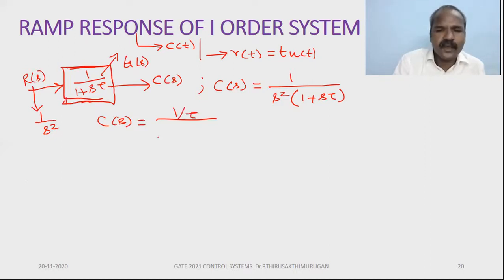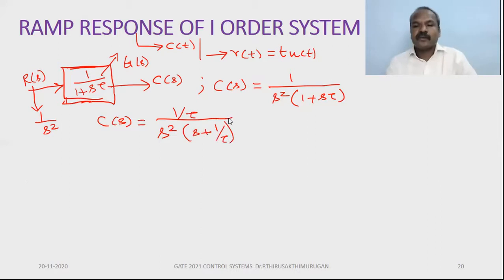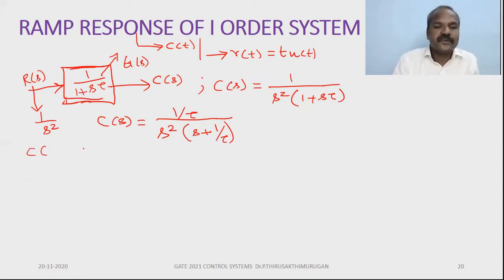So 1 by tau, s square, s plus 1 by tau. Now we want to get C of t. To get C of t, we should take L inverse of C of s, right? C of t is L inverse of C of s.